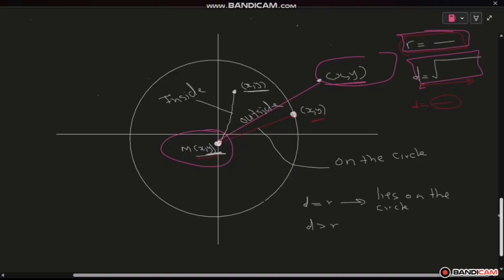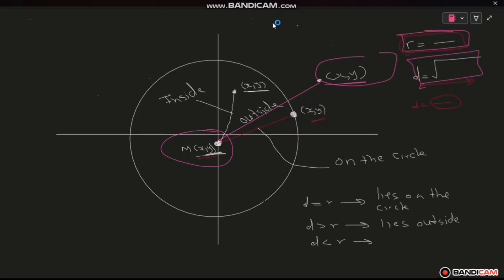But if d is greater than r, it means that the point lies outside the circle. Then the third one: if d is less than r, it means that the point lies inside the circle.